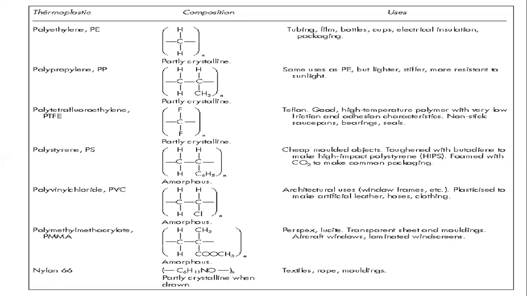We use it in bottles, cups, tubing, electrical insulation, packaging, and it can also be used in lightweight components, stiffer components, and it has more resistance to sunlight. So it is not allowed to stay in the sunlight.